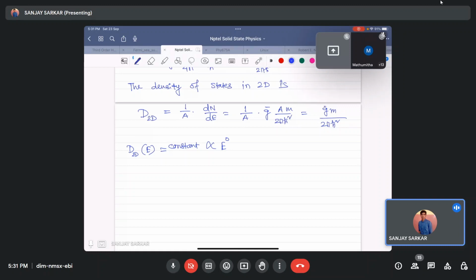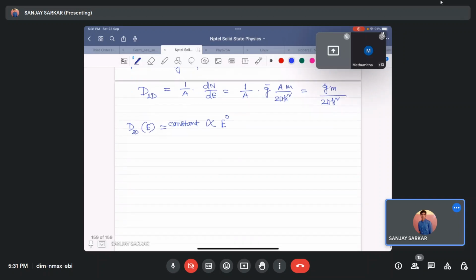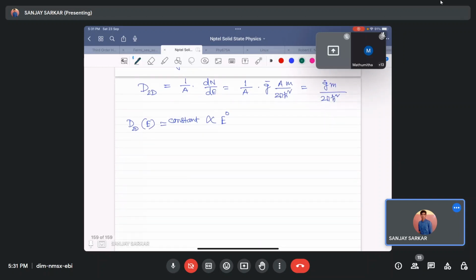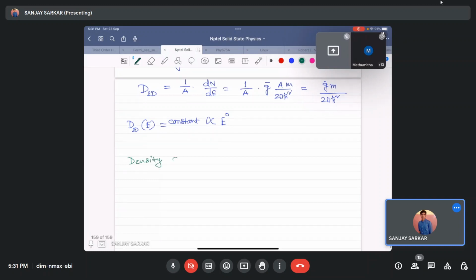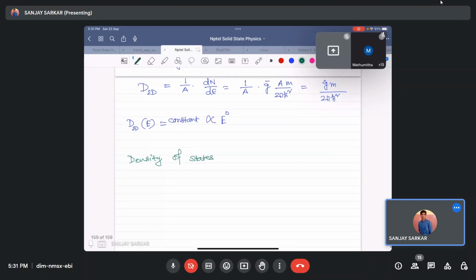If it is clear, then let's calculate the density of states for a 1D system. Density of states in 1D.